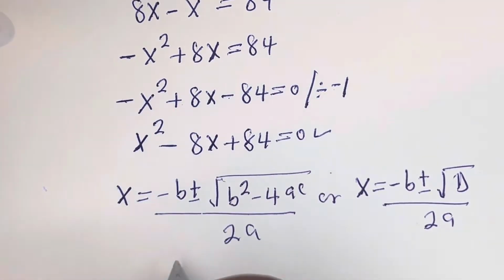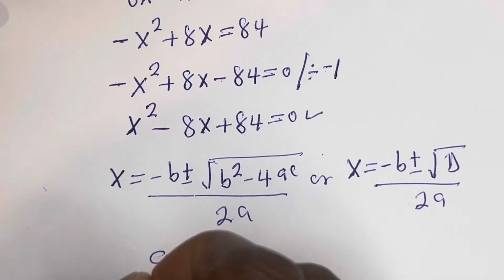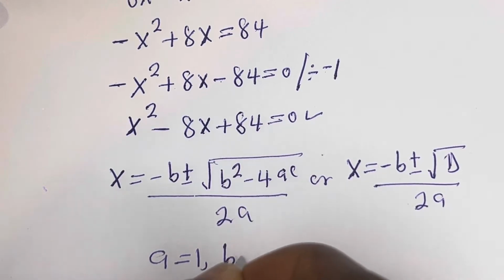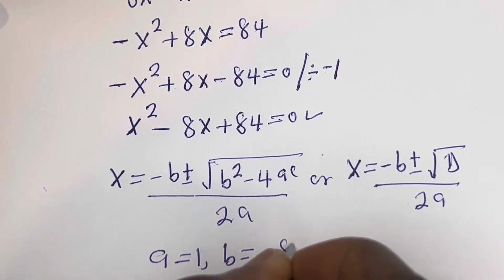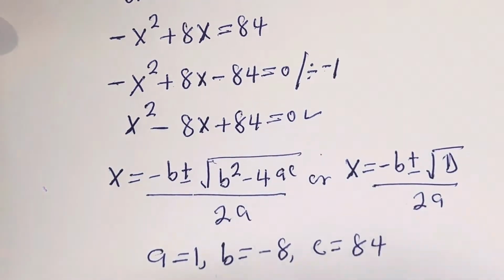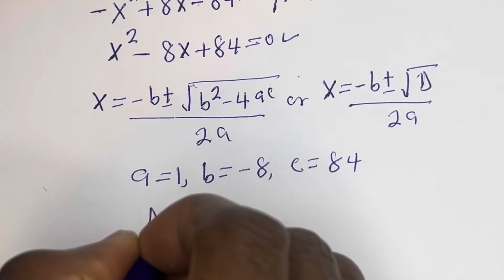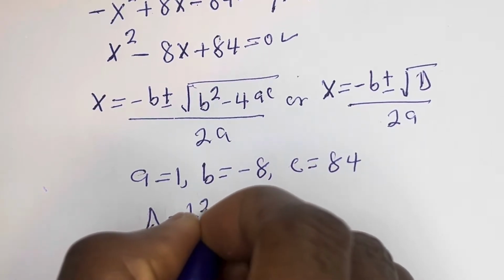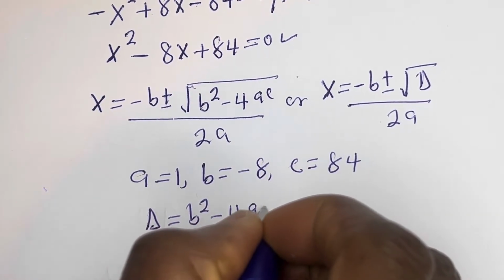Then from this equation, a is equal to 1, b is equal to minus 8, c is equal to 84. Now we know that d is equal to b squared minus 4ac.